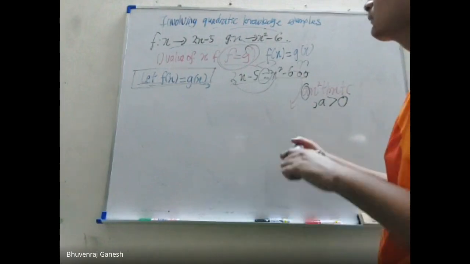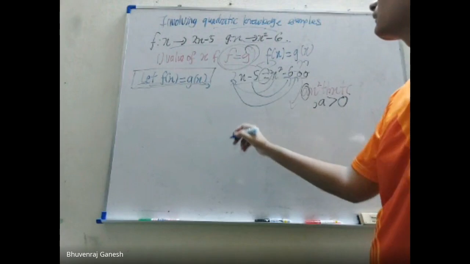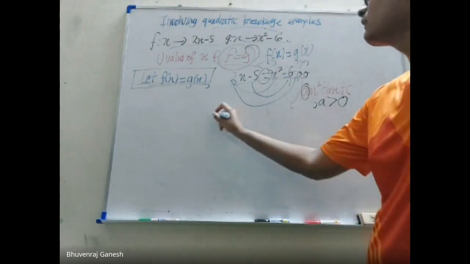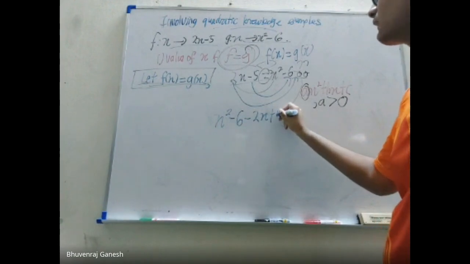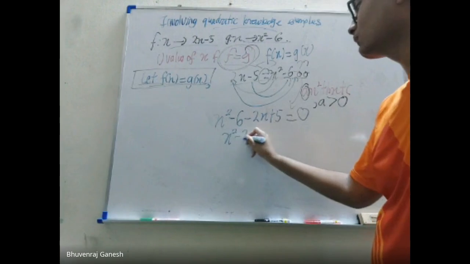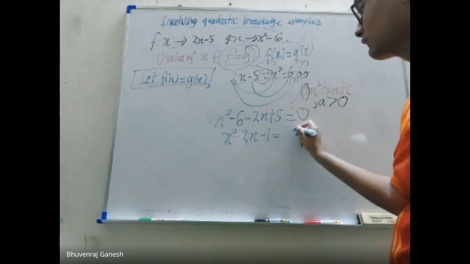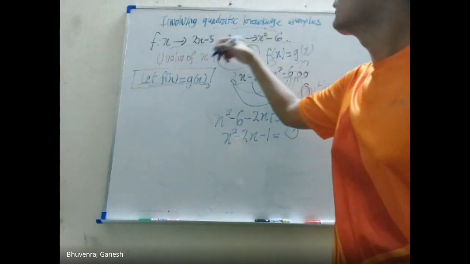So instead, I'll throw all this to the right hand side, all these terms. So you're going to get x squared minus 6 minus 2x plus 5 equals 0. From there, you proceed x squared minus 2x minus 1 is 0. So from here, this is when you're going to use your factorization.